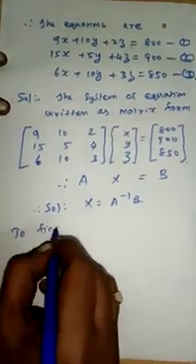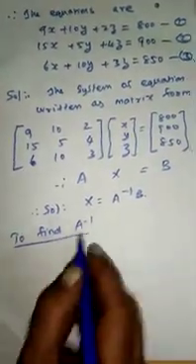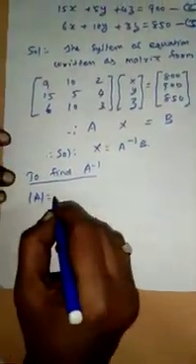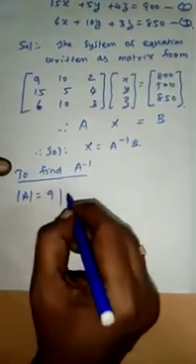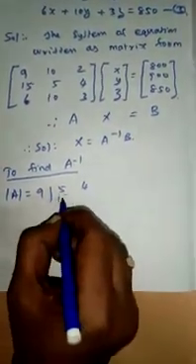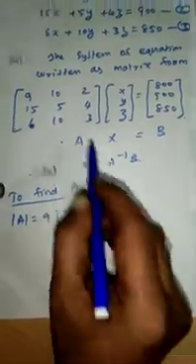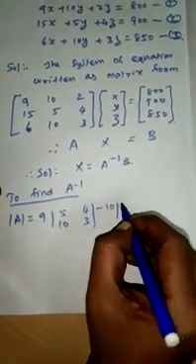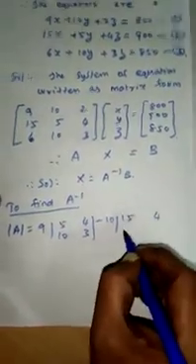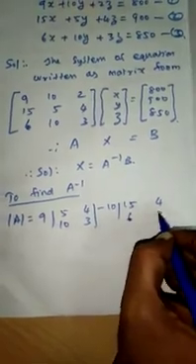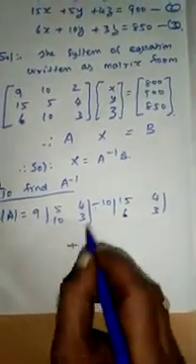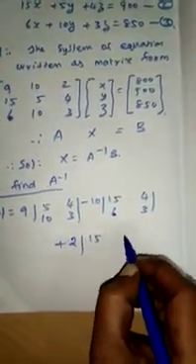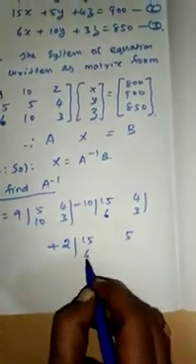To find A inverse, determinant A is equal to 9 into (5, 4, 10 and 3) minus 10 into (15, 4, 6, 3) plus 2 into (15, 5, 6 and 10).